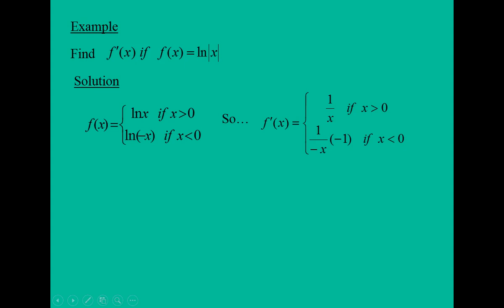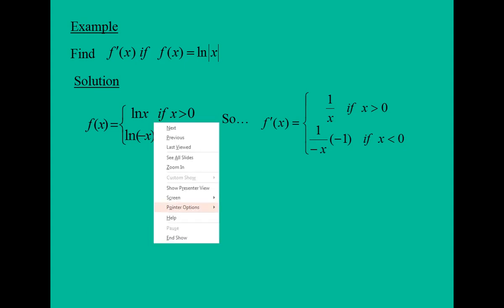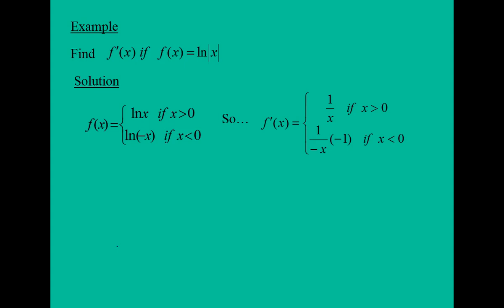So if we take the derivative of the natural log of x, we get 1 over x when x is greater than 0. And the derivative of the natural log of negative x, we have to remember to apply the chain rule here. Because if we let g of x equal negative x, g prime of x would equal negative 1. Our f of x would be ln of x.